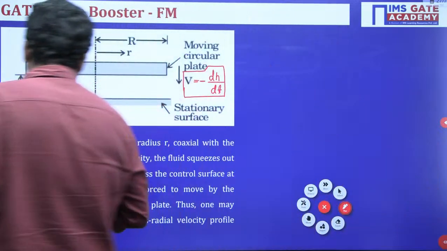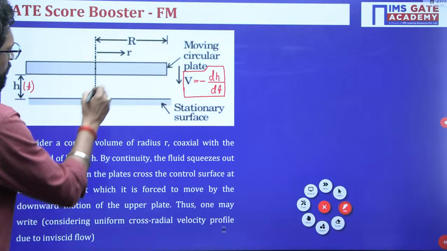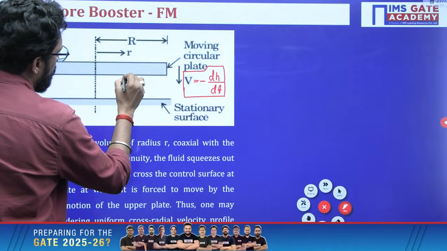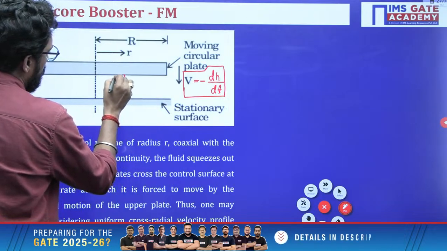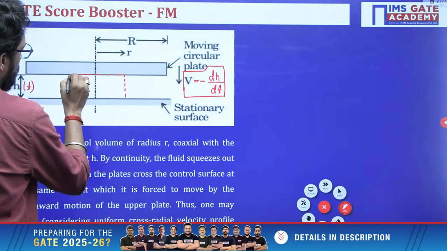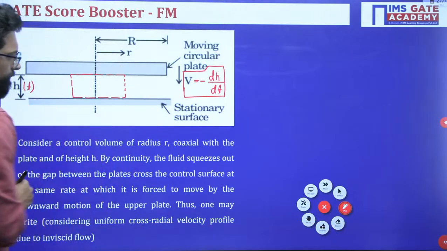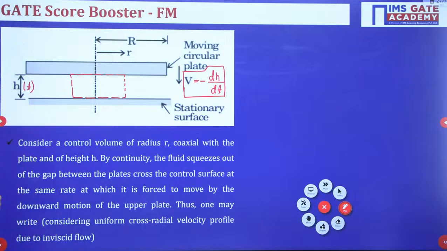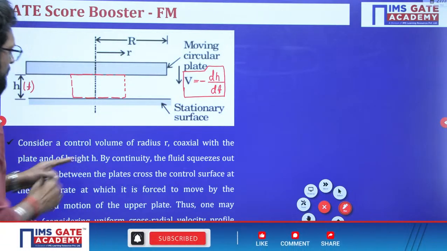Now, what is the approach? Consider a control volume of radius r, coaxial with the plate, and height h.